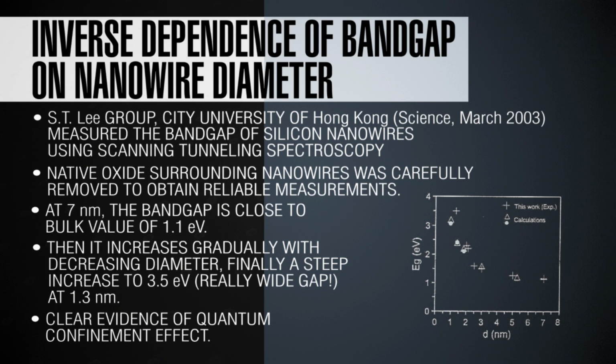Eventually, for something like 1.3 nanometer silicon, the band gap reaches something like 3.5 eV. So that's really wide band gap, in fact almost reaching the value of diamond. This is a very clear demonstration of quantum confinement effect.